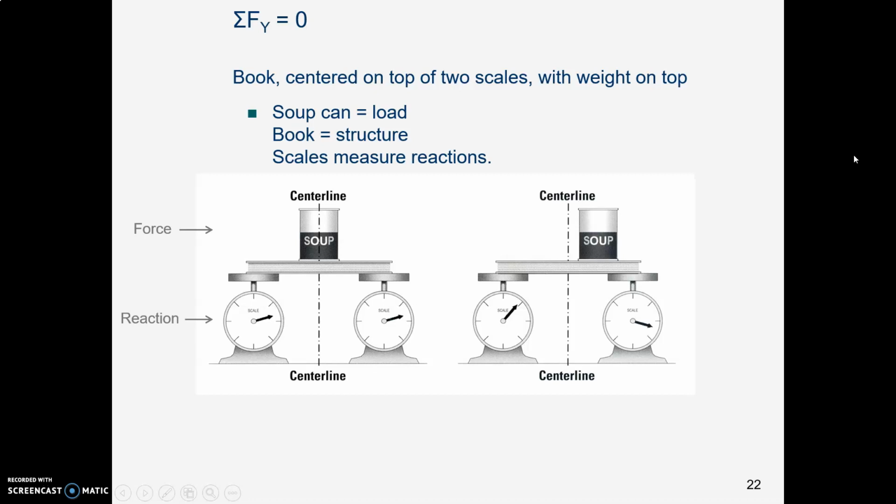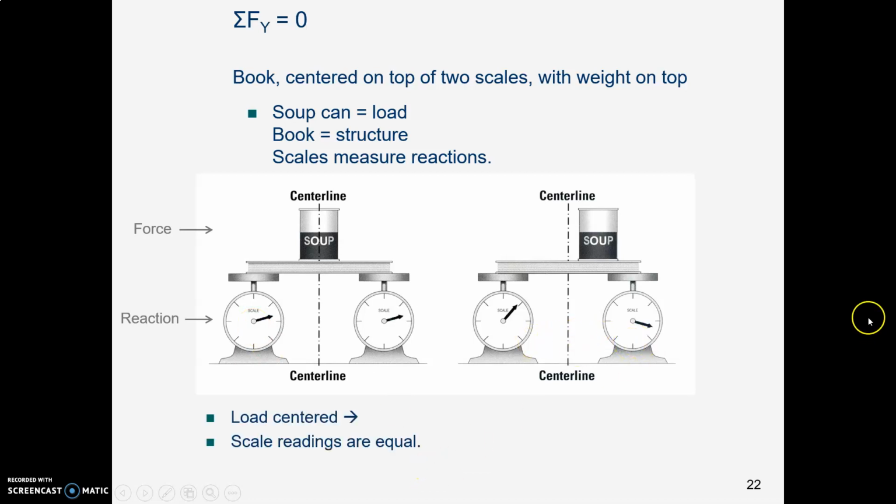You can demonstrate this equal and opposite reaction with two kitchen scales. Use a book for a beam. Use a can of soup for a weight, for a load. If you center the load and you look at the scales, you'll notice they're reading an equal reaction. And if this thing weighed 10 pounds, you would be seeing 5 pounds on each scale, wouldn't you?